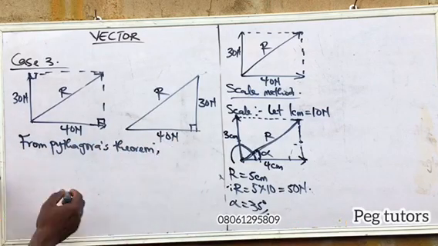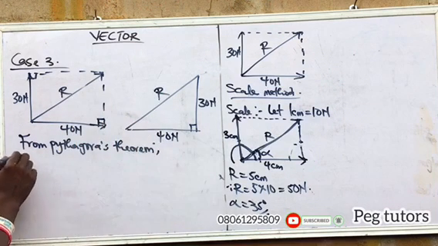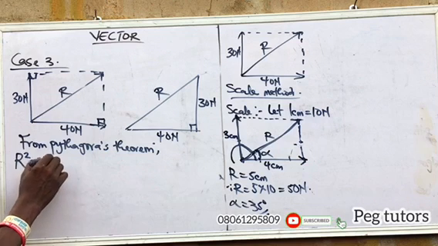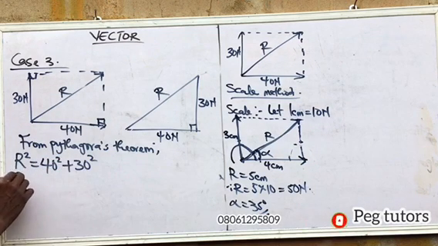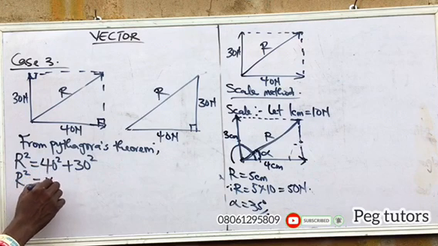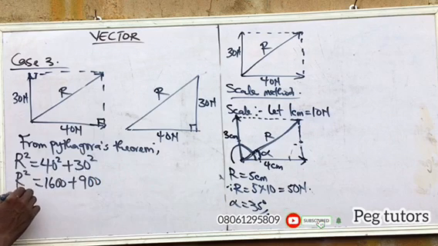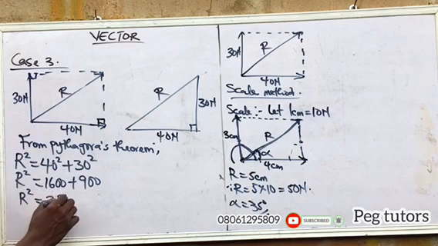Pythagoras theorem, you have hypotenuse squared is equal to opposite squared plus adjacent squared. So you have arrow squared is equal to 40 squared plus 30 squared. So that gives us arrow squared is equal to 1600 plus 900, and that gives us arrow squared is equal to 2500.